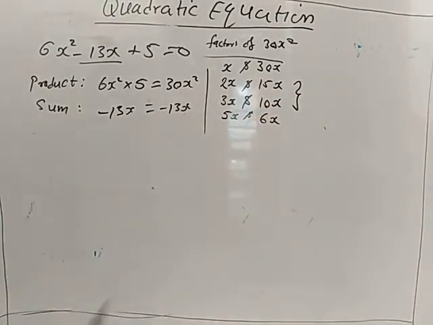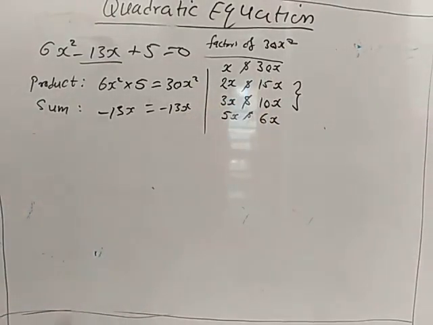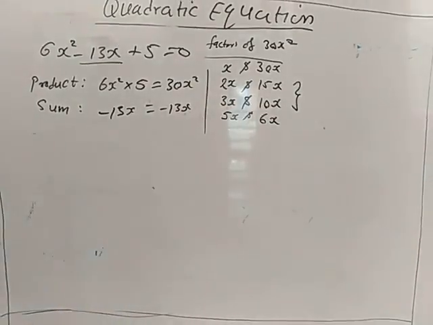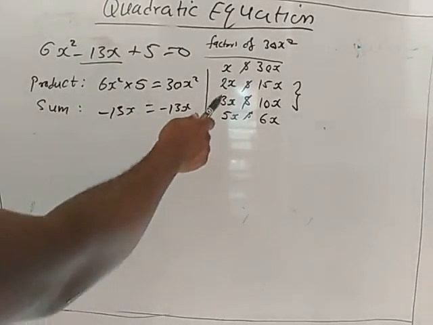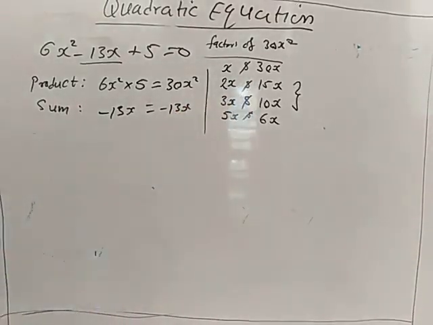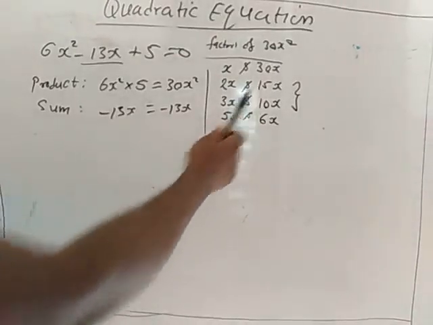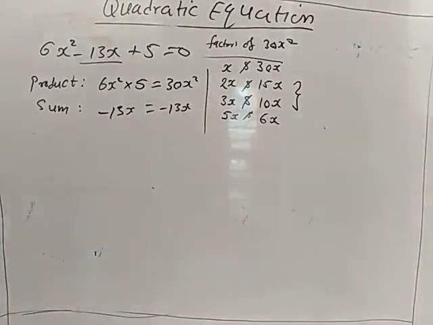You will see that these 2x and 15x, if we multiply them together, we have 30x squared. And if we subtract 2 from 15, then we have 13. And if we look at this one too, if we multiply 3x and 10x together, we have 30x squared. And if we add them together, we have 13x.